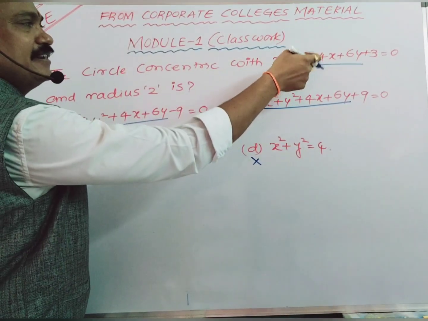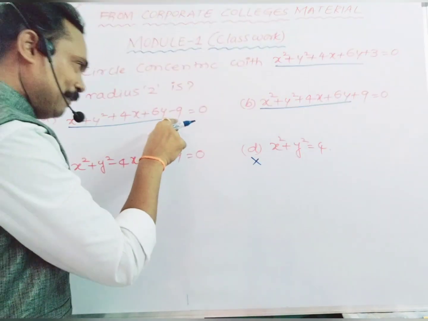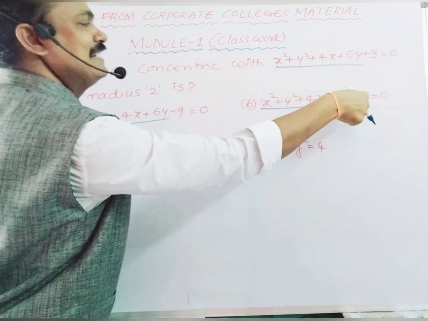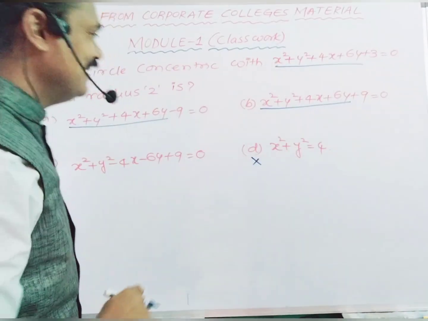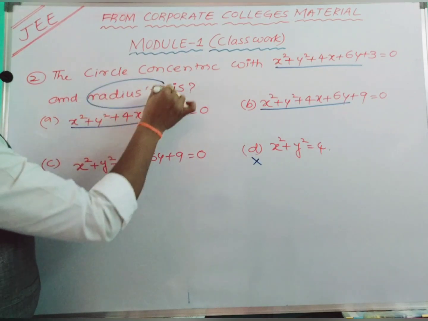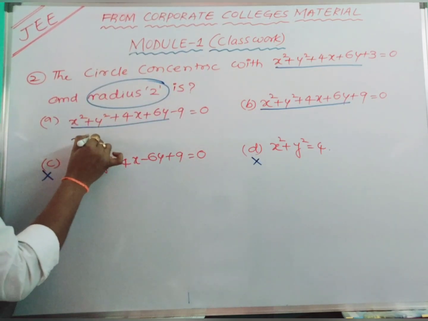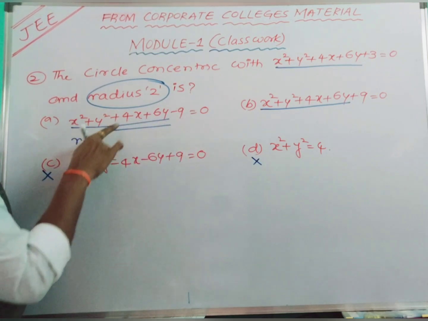Okay. And is this minus 9 correct or plus 9 correct? We have to confirm this, right? How can we confirm this? Radius is 2 units, so how much is the radius for this circle? Find out. 2g is 4, g is 2.